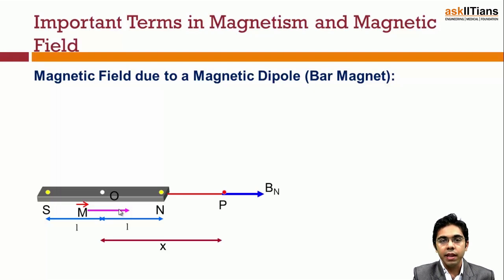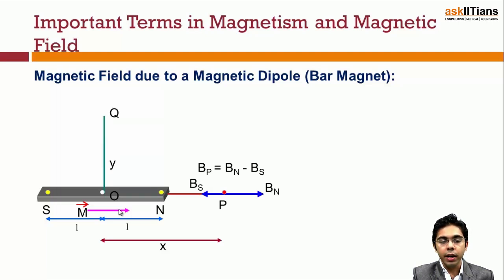Similarly we will have the magnetic field due to the south pole, shown like this. One thing to note is that Bn is more as compared to Bs. Why? Because the distance between the north pole and point P is less as compared to the distance between point P and S. Therefore the resultant magnetic field comes out to be in the direction of Bn minus Bs. So it will be in the direction of M, or towards the right.